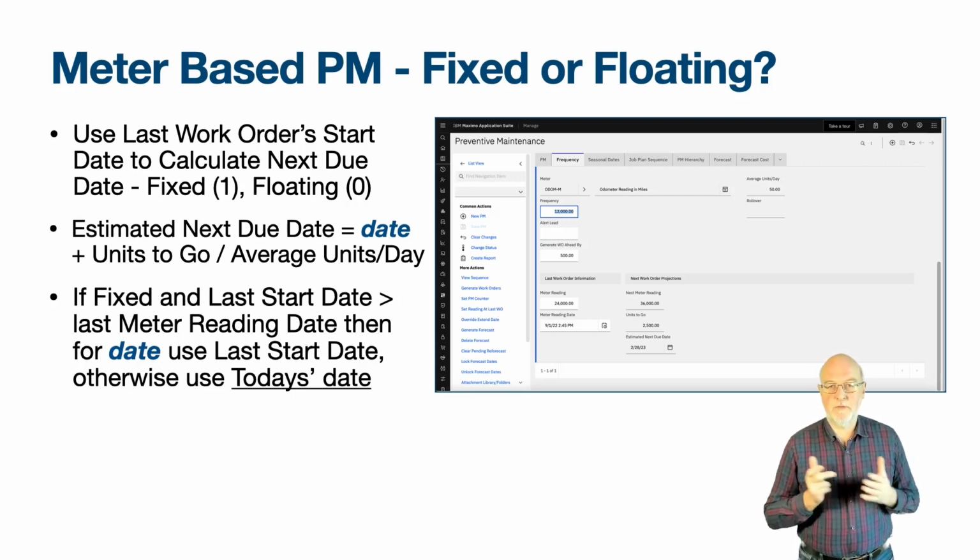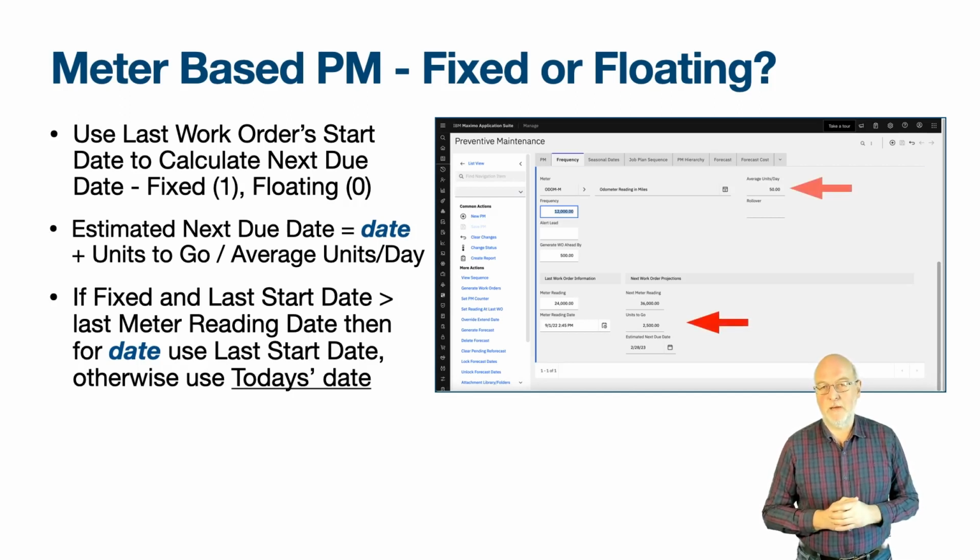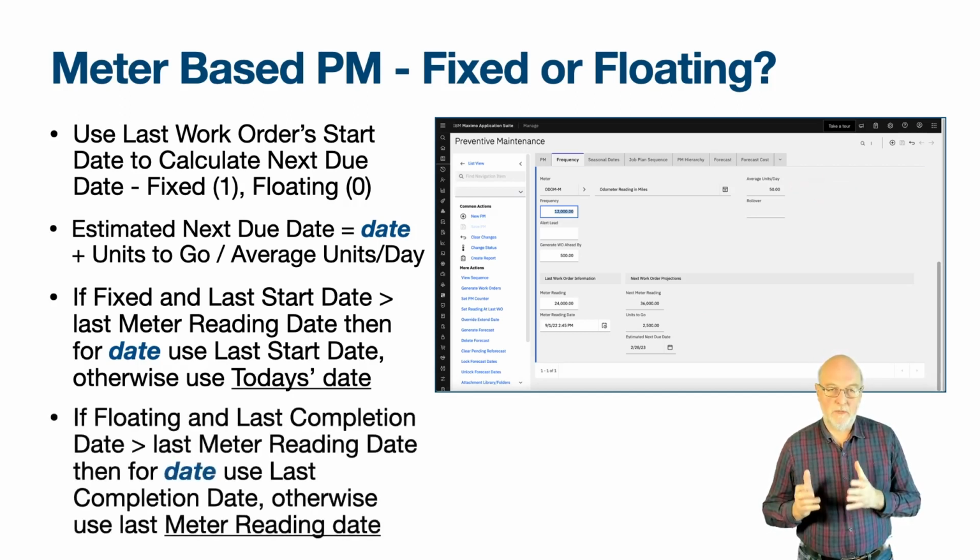Whichever date is derived, the estimated next due date is calculated from this date using the value of a field called units to go divided by the average units per day for the meter. For meter-based PMs on a floating schedule, the last completion date is compared with the last meter reading date.